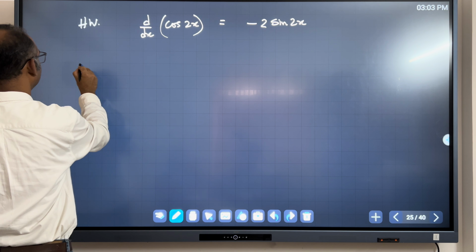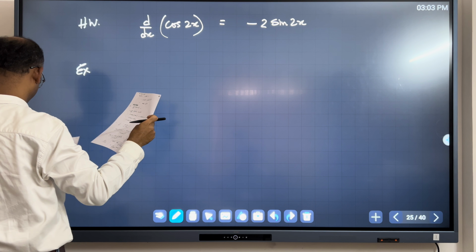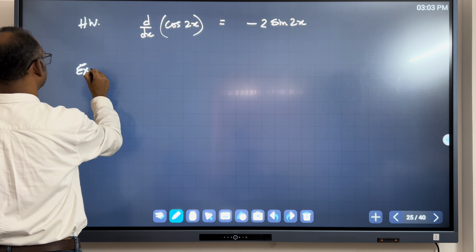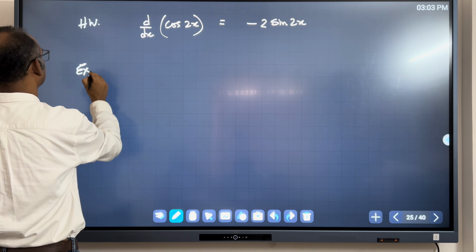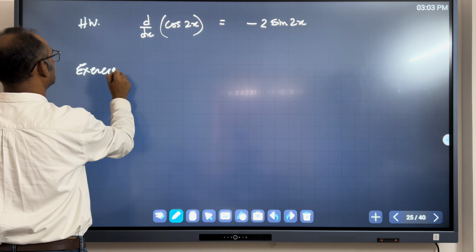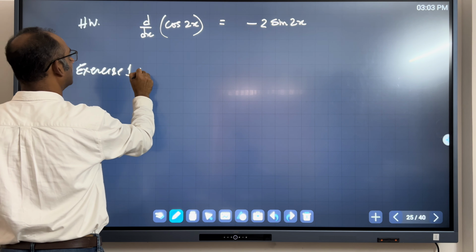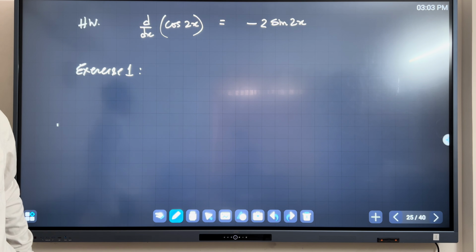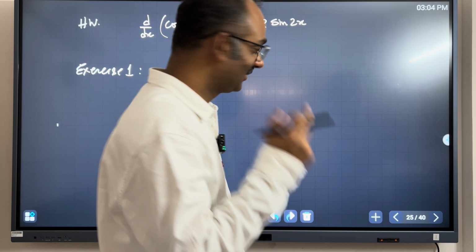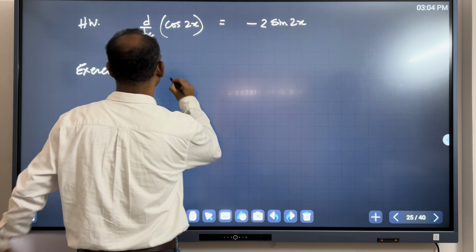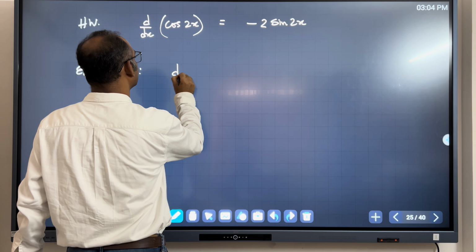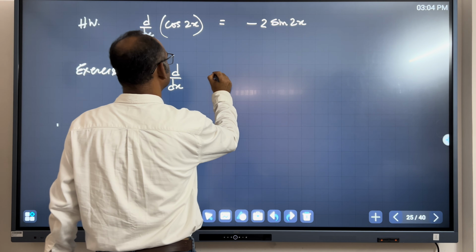I'll do one exercise for you, and then we will stop. No, I'll do two exercises, because the second one is easy. So let's take sine of x over 1 plus cos x.